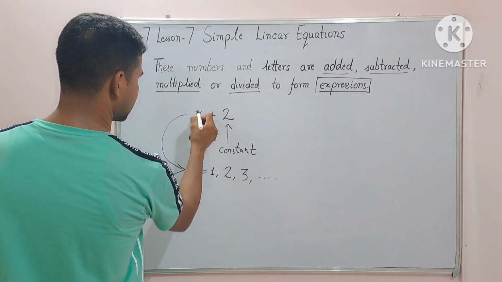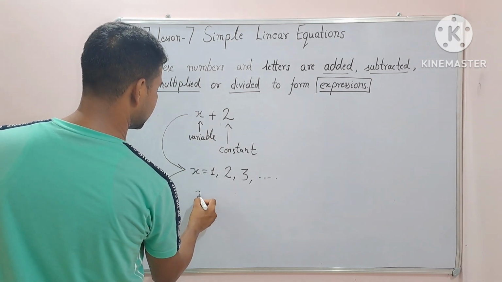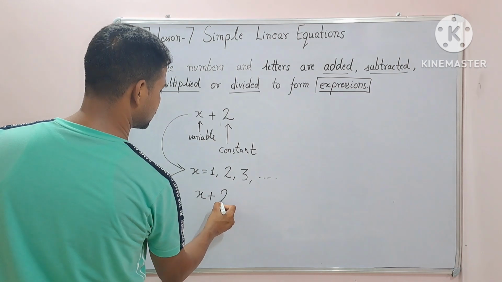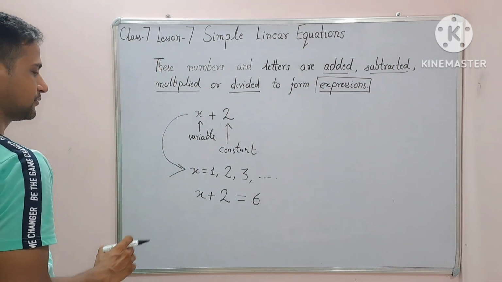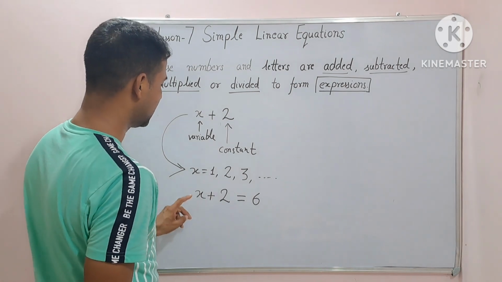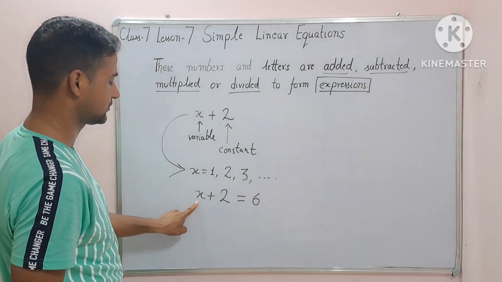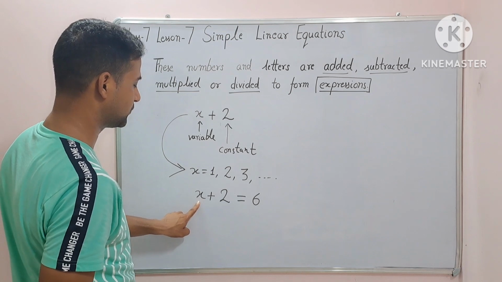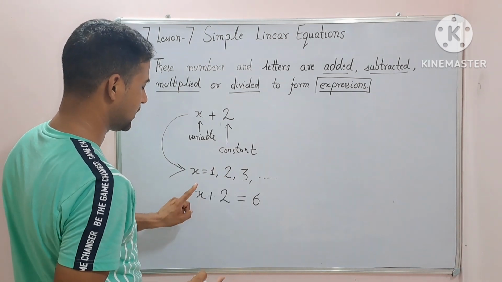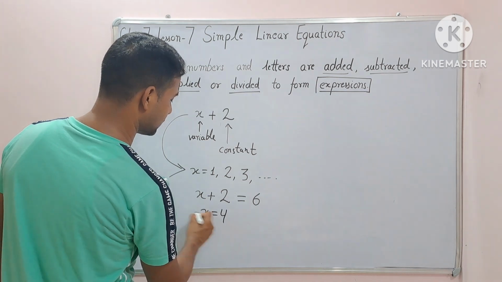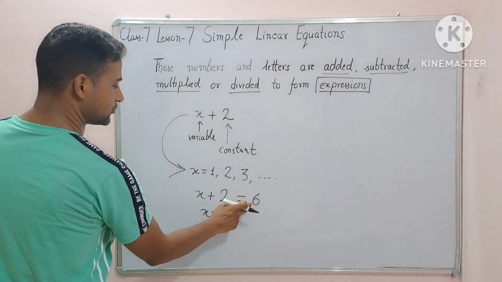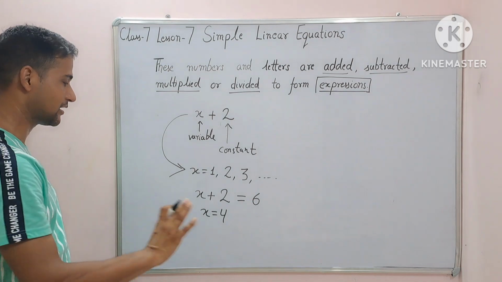It is conditional. Suppose we write x plus 2 is equal to 6. Then we have imposed a condition on x. What? x should be 1, 2, 3, 4? x should be only 4. Why? 4 plus 2 is equal to 6, nothing else.